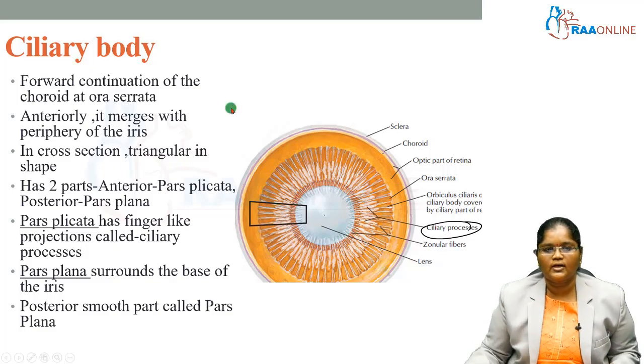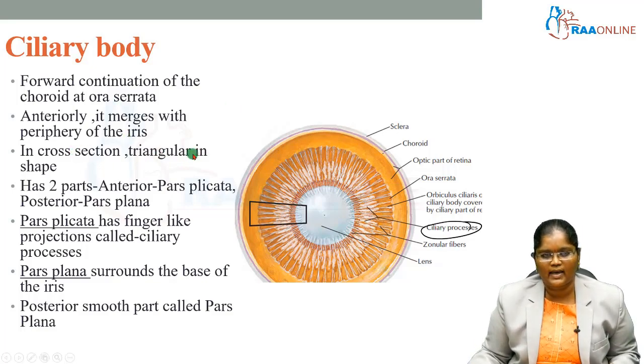In cross section, as I already explained, it is triangular in shape. It consists of two parts, pars plicata and pars plana. So, what is pars plicata? Pars plicata is nothing but the ciliary process.